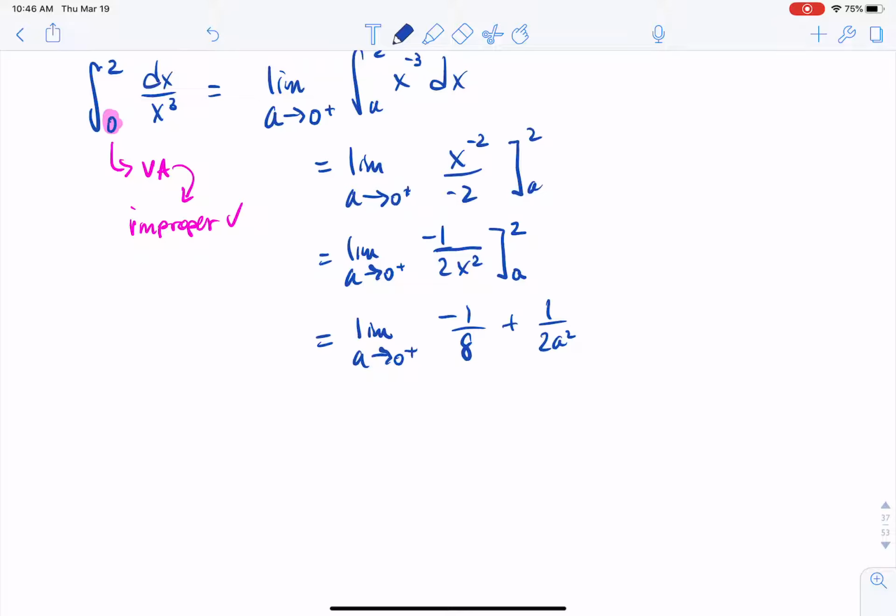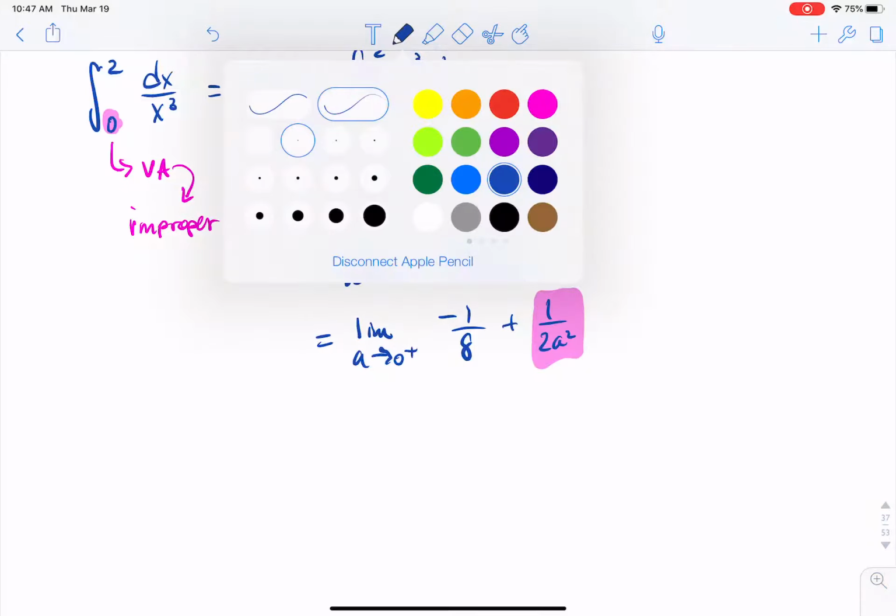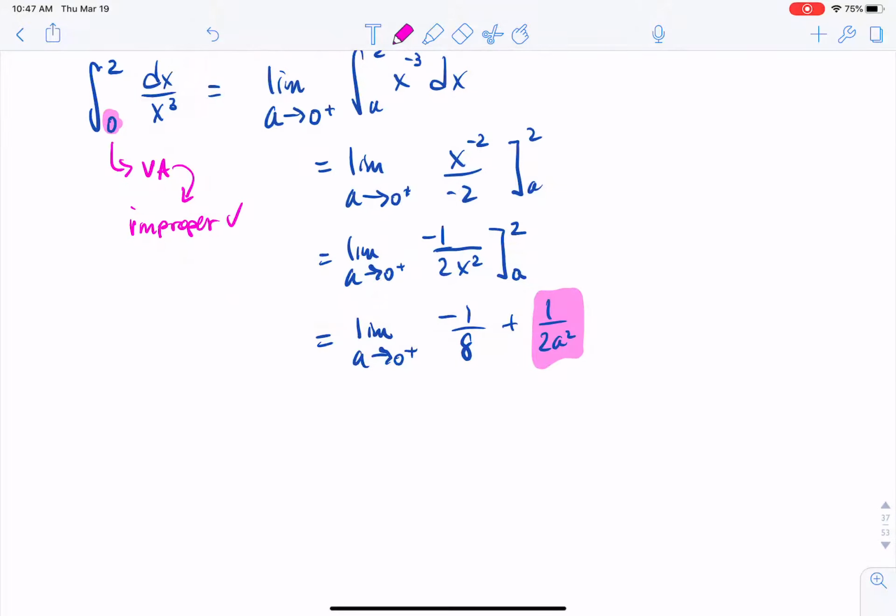On the first part, negative 1 over 8 is not affected. But over here on the right-hand part, when I stick 0 down in the denominator, I'm dividing by 0. This should go to positive or negative infinity. Which one is it? It does matter. The number is going to be positive, whatever I'm sticking in here.